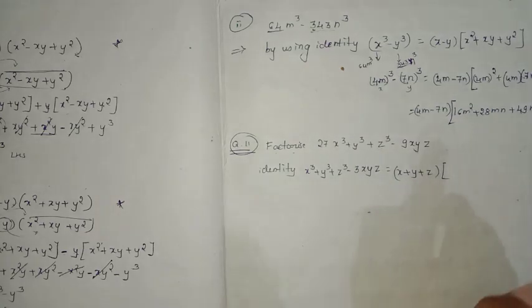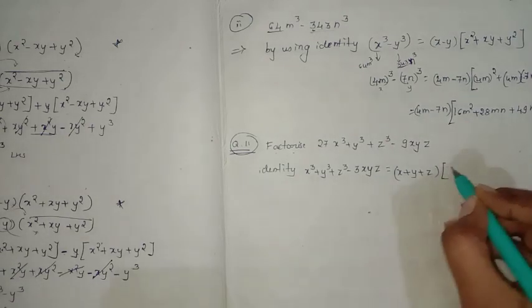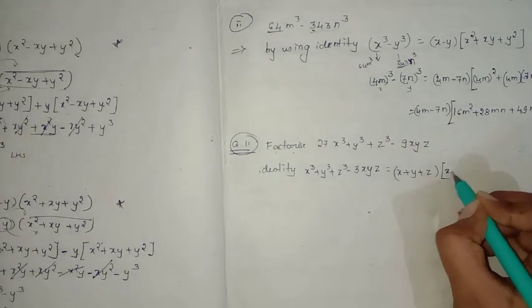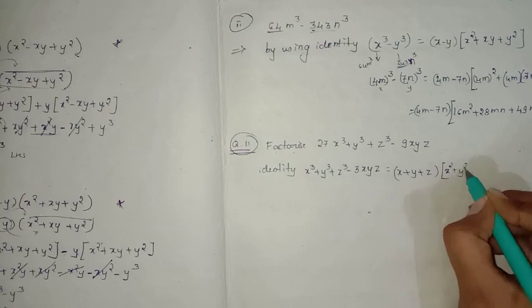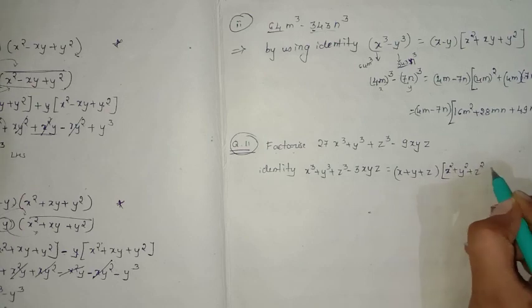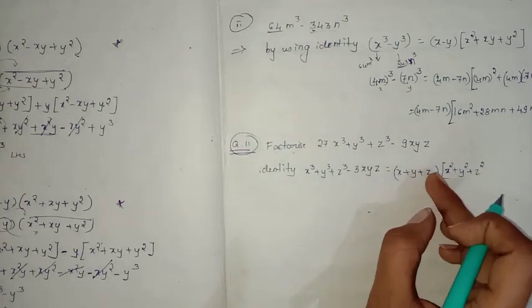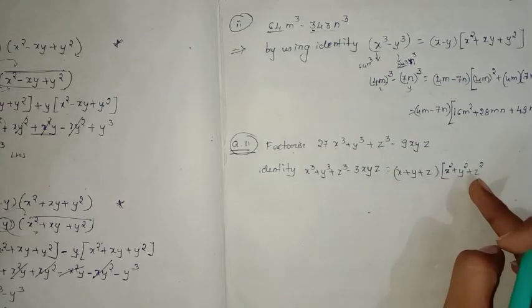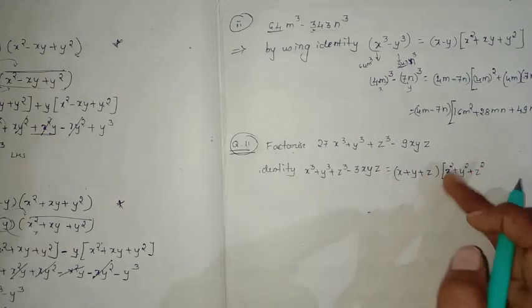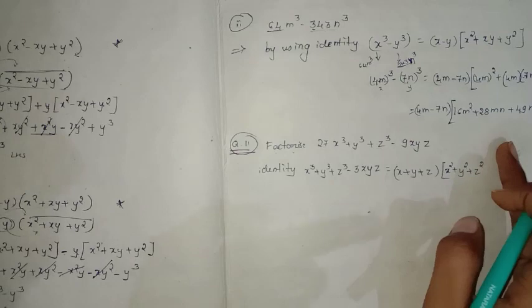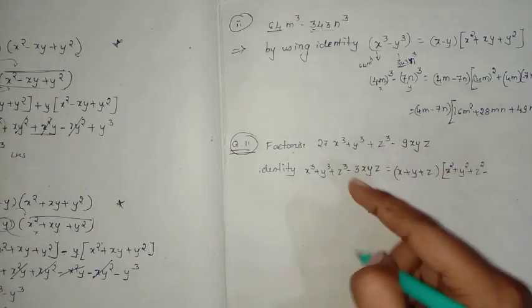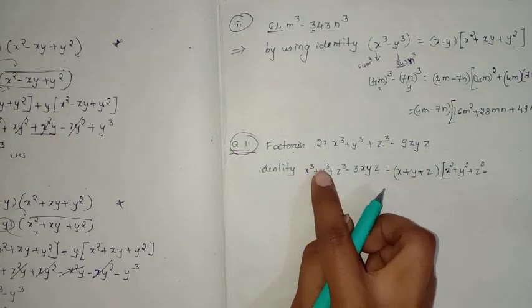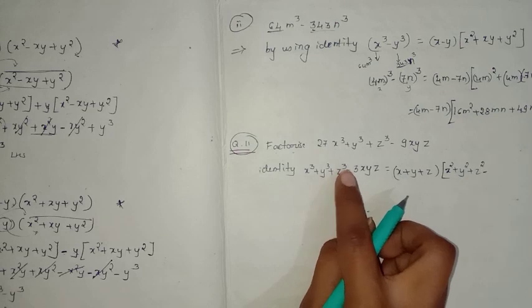how to remember for your easy formation. So that's what I am telling. So now you have to write x square plus y square plus z square. So here remember x, y, z, the power is 1, and in next term the power will become twice. So x square, y square, z square. After that, the same method which you are following, x and y, and after that y and z, and after that z and x.